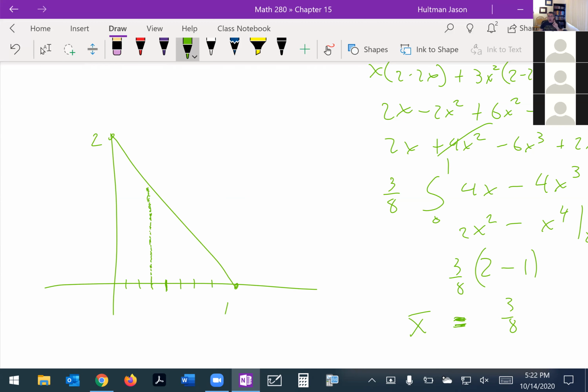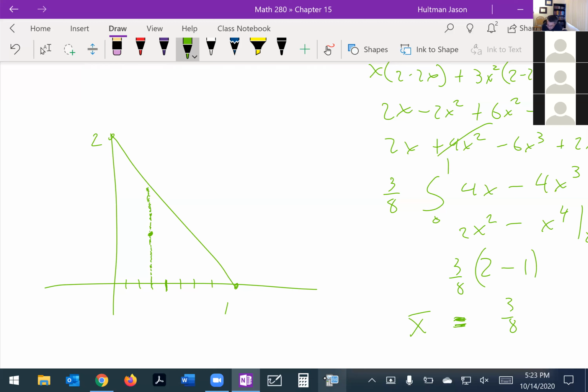So I want to know where on this triangle I can stick my pencil so that when I spin it, it will spin evenly. And I know that at the x value of 3/8, it's going to be along that linear path.